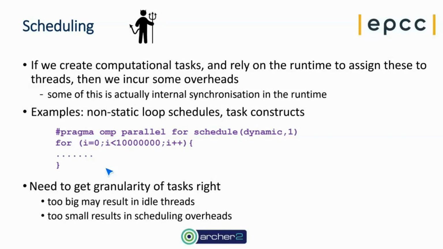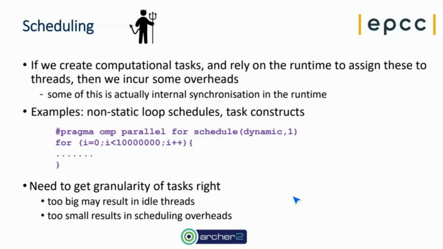If we have a loop with a lot of iterations, and maybe each iteration doesn't do very much computation, and we put a dynamic schedule clause with a chunk size of 1, that means we're basically doing a first come, first served schedule where every thread just picks up one iteration, exits it, and then comes back and takes the next available iteration. There can be a lot of overhead in that, and that may not end up well.